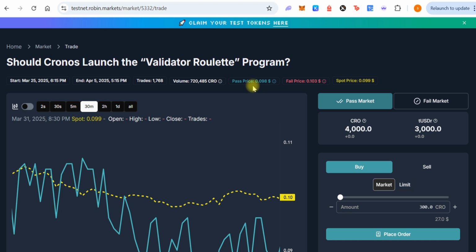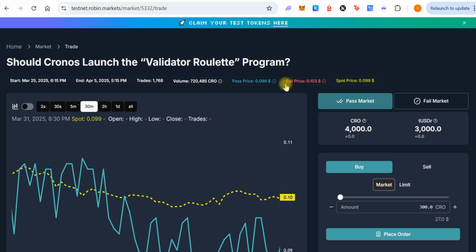The fail price is if everybody, or most persons, decide that no, we don't want this to go through. And the spot price is the actual price that the Kronos token is trading at on a centralized exchange.